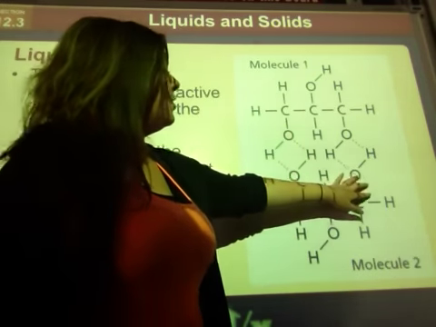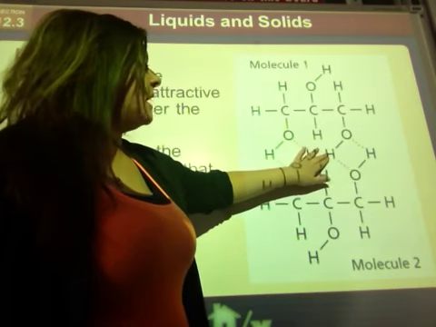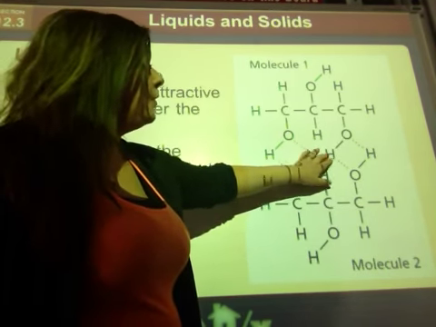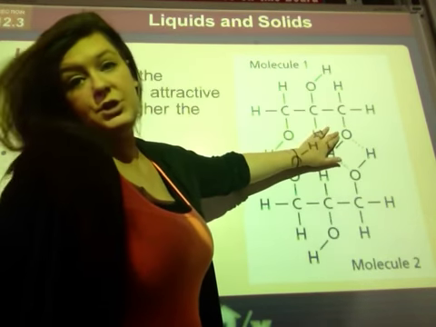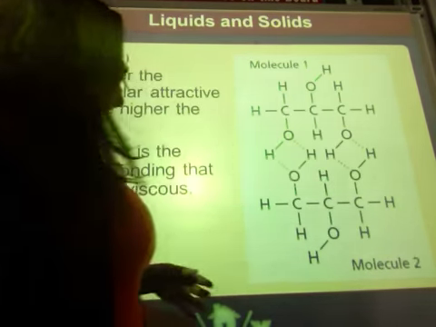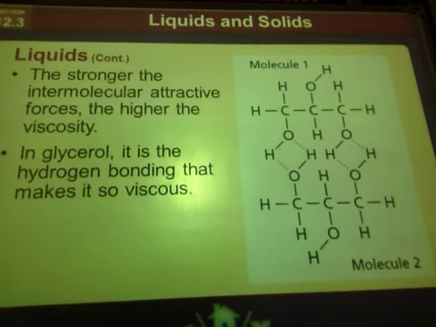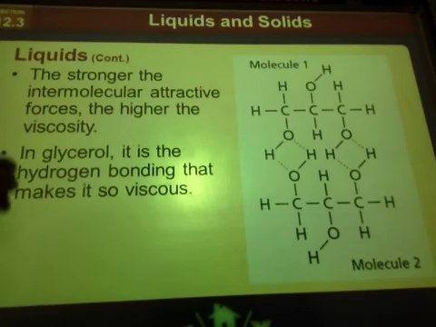I see the same thing over here. This oxygen is attracted to the hydrogen of the other molecule, and this hydrogen on molecule number 2 is attracted to the oxygen on molecule number 1. So I have hydrogen bonding that's keeping these attractive forces really strong between these two molecules. So that's what makes something viscous.